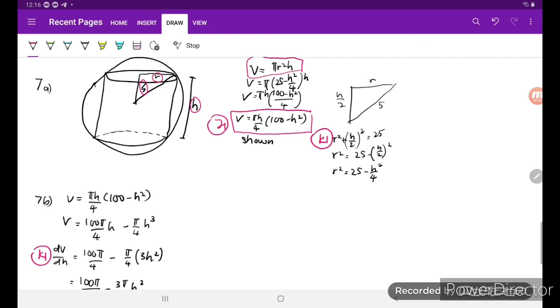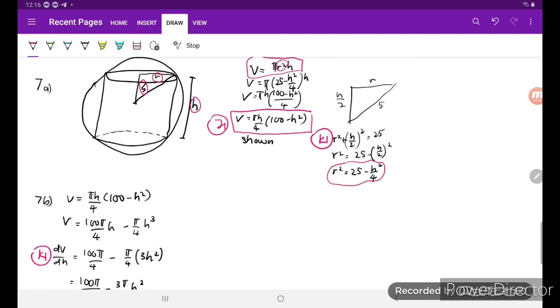We want to eliminate the r here. So what should we do? We should find a function where r is the subject.